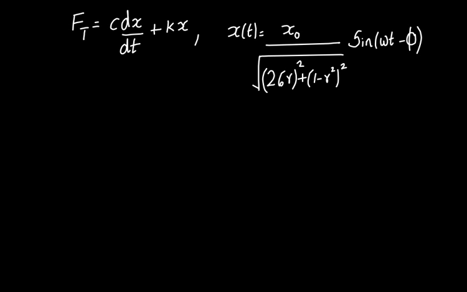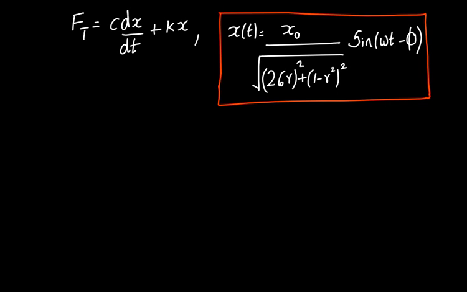Please go back and watch the response for the forced vibration. I have derived the governing differential equation for the forced vibratory system, and also I have solved it to get this particular response that is given in this red box. That's right. So this is the response.